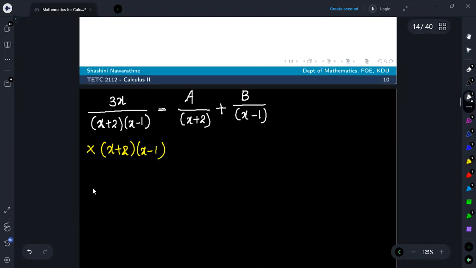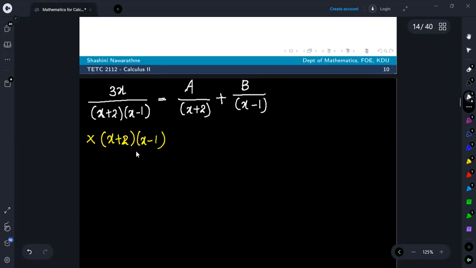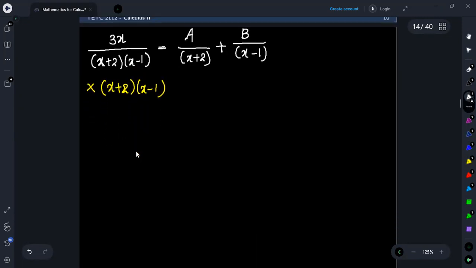So I will write it here. We have 3x over (x plus 2)(x minus 1), and we multiply this by (x plus 2)(x minus 1).